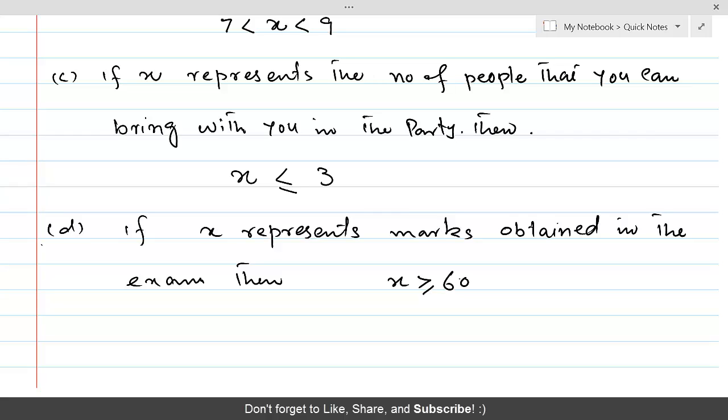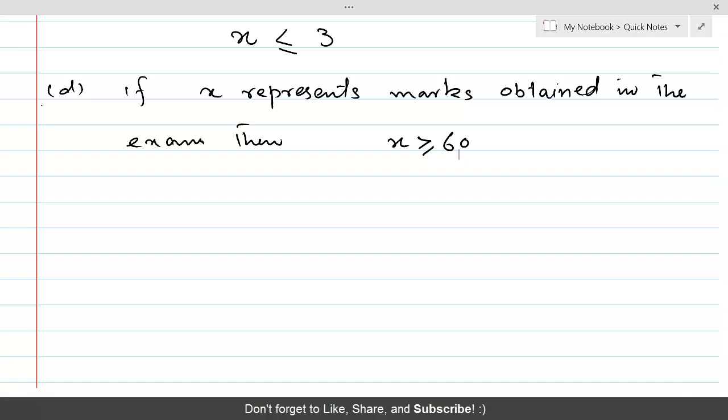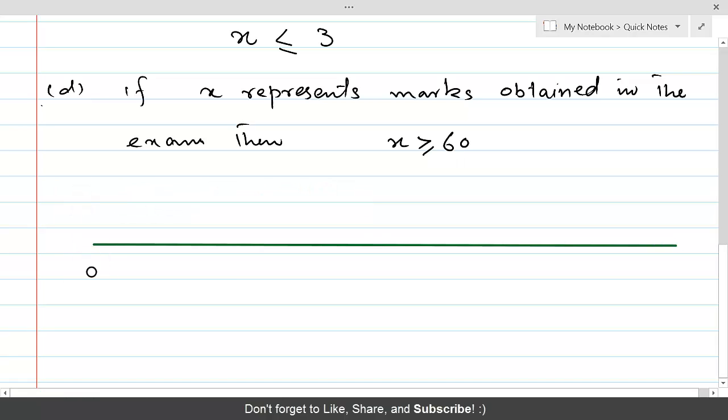So these are the inequalities for the given scenarios, and now we are going to draw each of these inequalities on the number line. So here we have a number line, and we will use this number line to draw the first inequality first.